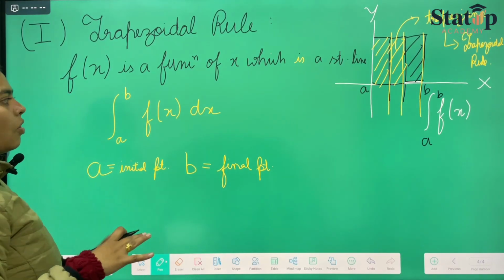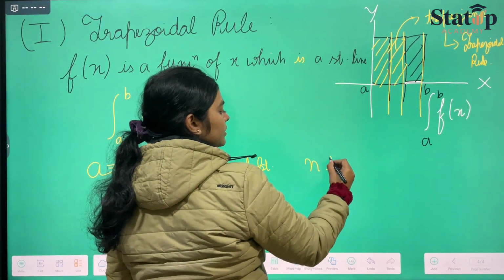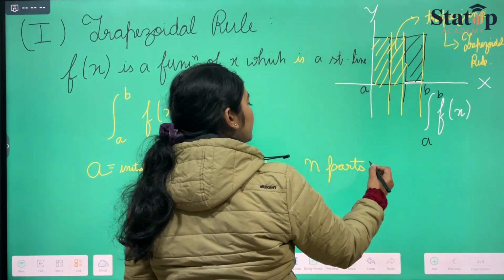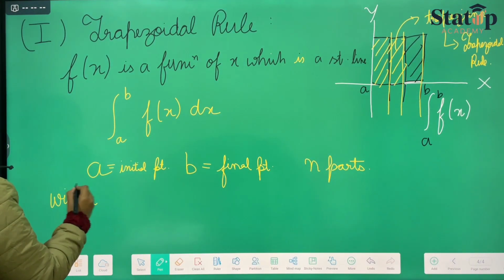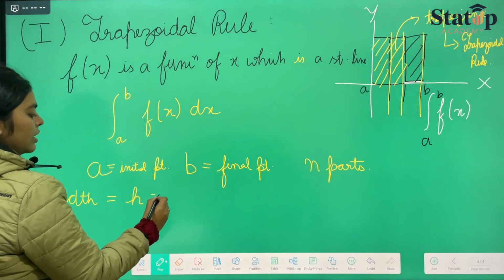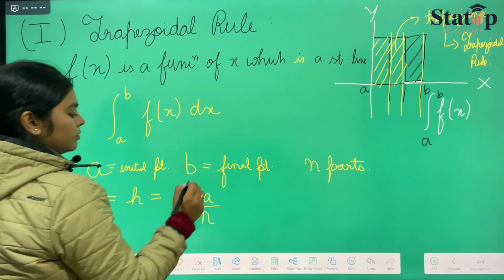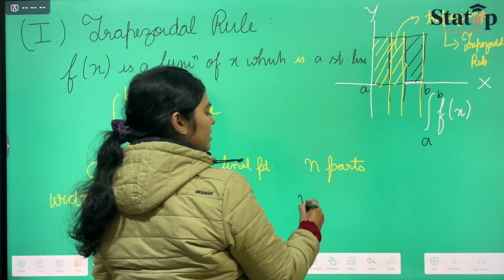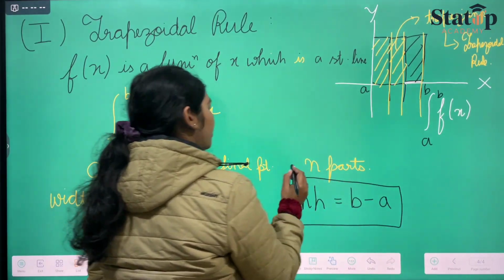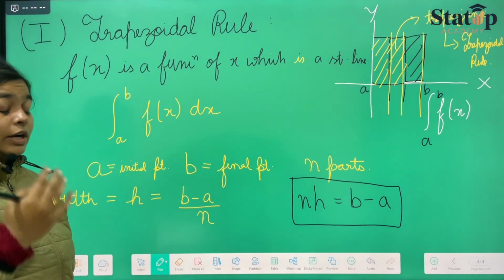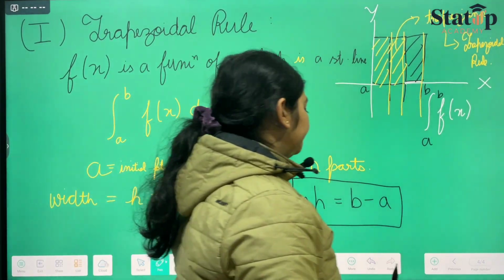Suppose we are dividing the function into n parts. The width here we define as h. Width will be given by h equals b minus a upon n. Or we can simply say that nh is equal to b minus a. This is a very important relationship that would help us in solving the questions. nh is equal to b minus a.